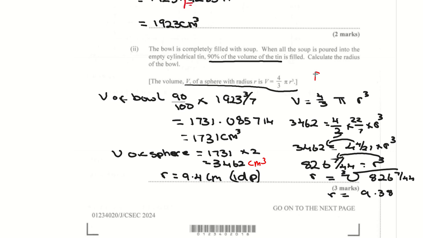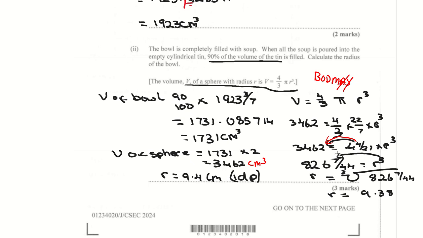So again, we go backwards using BODMAS. Is there subtraction? No. Is there addition? No. Is there multiplication? We multiply 4 by 22 and 3 by 7, and when you multiply that, you'll get 88 over 21. I just use my calculator, right? Multiply by r cubed. So now you carry across that multiplication. It will be 3462 divided by 88 over 21, which is 826 and 7 over 44, equals r cubed.